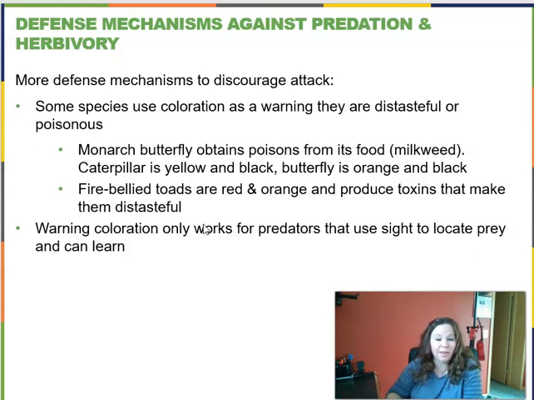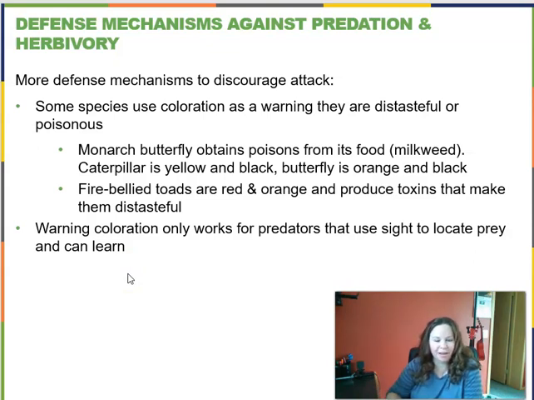The fire-bellied toad, red and orange, let its predator know that it produces toxins to make them taste terrible. But this only works for predators if they use coloration, or if they use sight as a way to locate their prey, that they can actually see those colors. Such as a bird can see color and would hopefully heed those warnings.